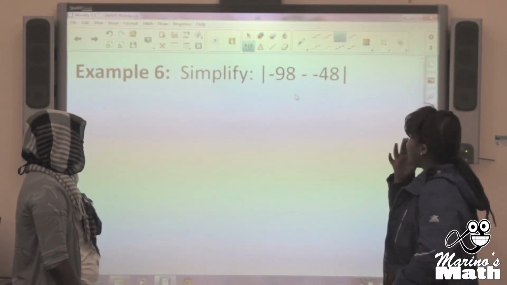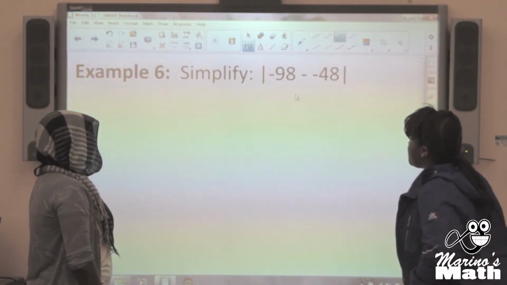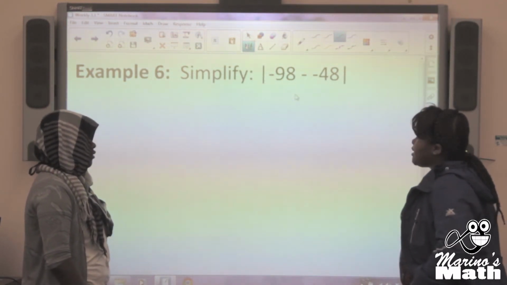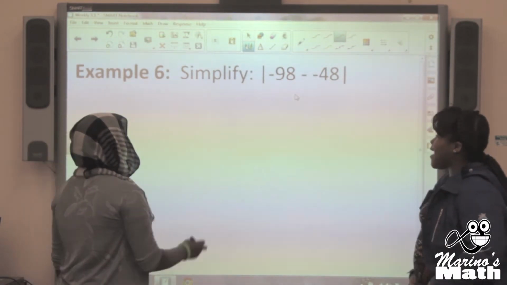Absolute value of -98 subtract -48. When you're subtracting the negative, it's the same as adding a positive.